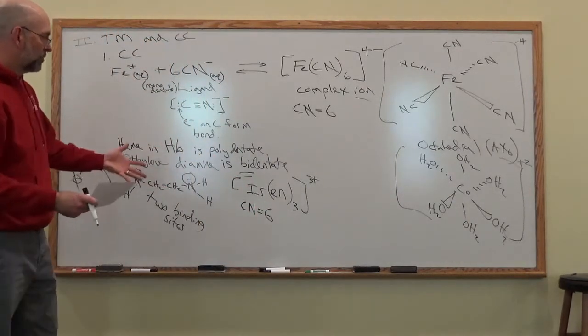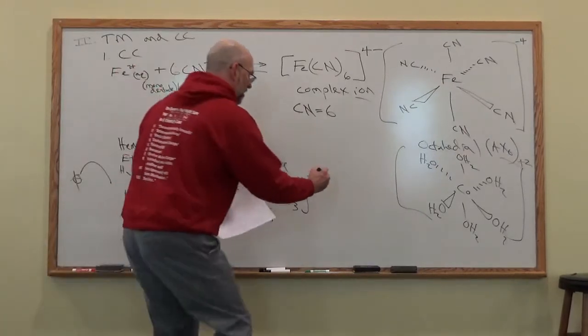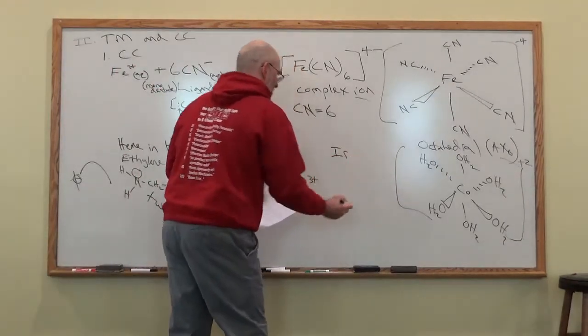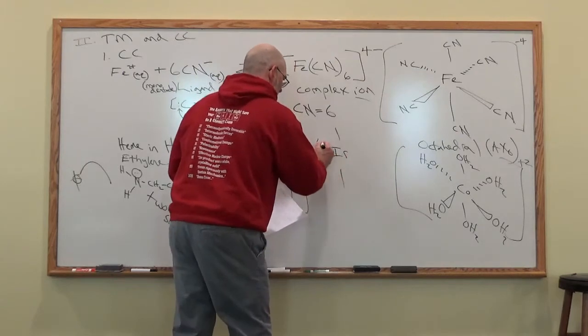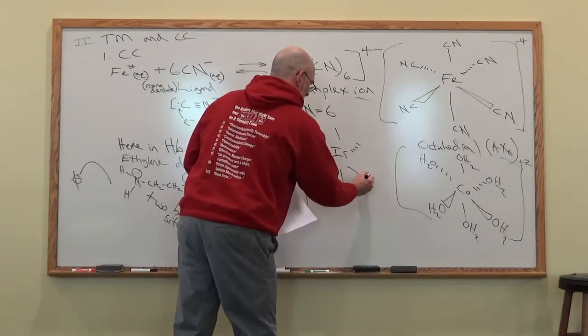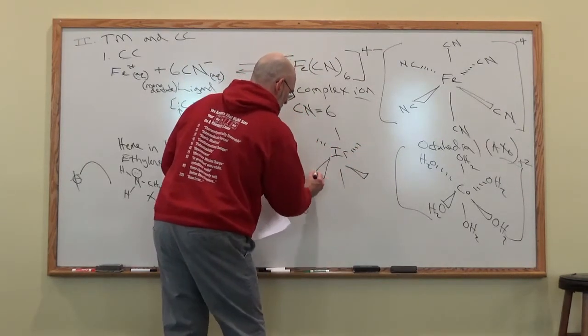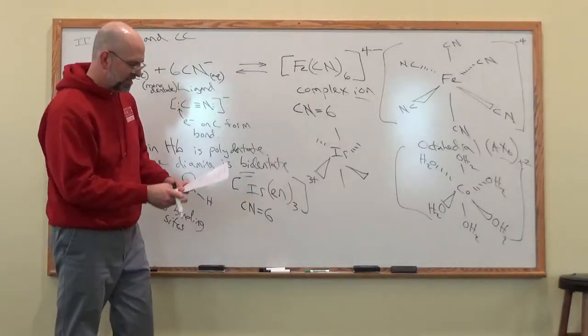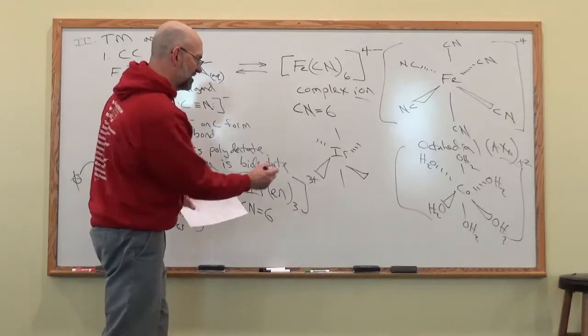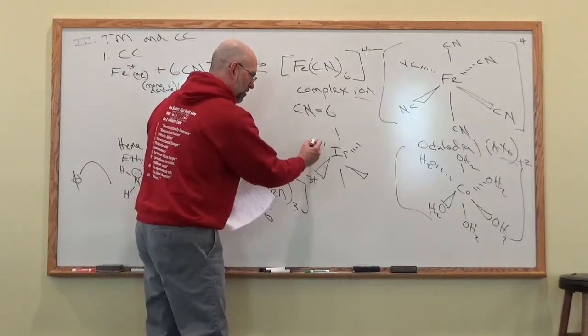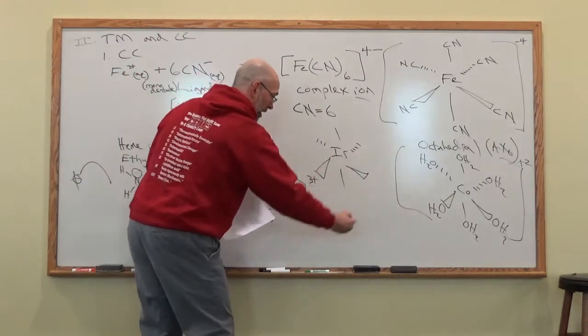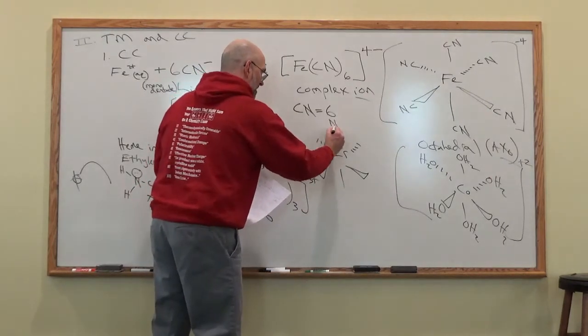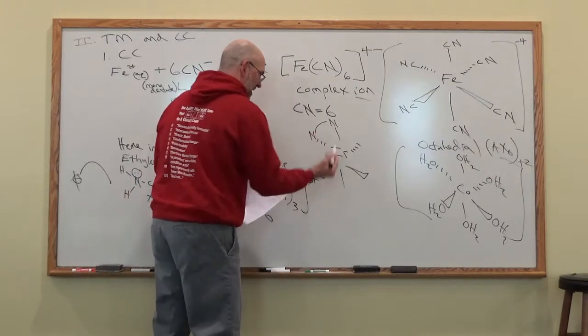So how do we draw this? This gets a little tricky. It's still octahedral. But in this case, it's a bidentate, so we want to choose sites that are 90 degrees apart because we don't want them to go the whole way around. So we would have one ethylene diamine grabbing here.